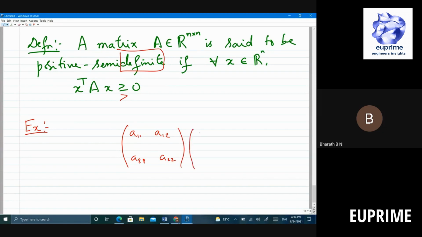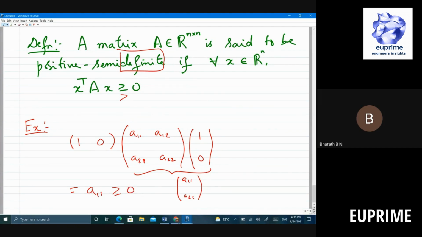Now let's see what happens if I multiply by 1 0. 1 0 is any x, and I take its transpose. When I multiply this, I get A11. But what is our definition? It says it should be greater than or equal to 0.